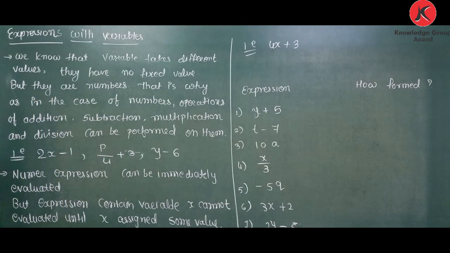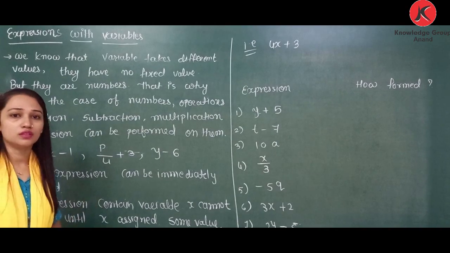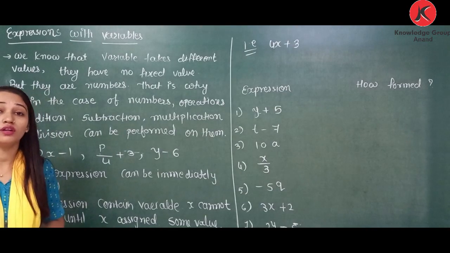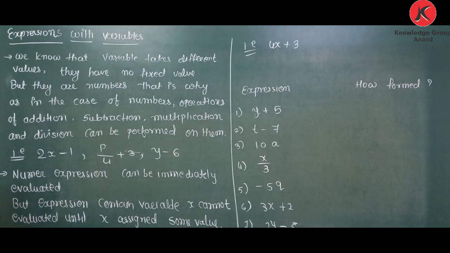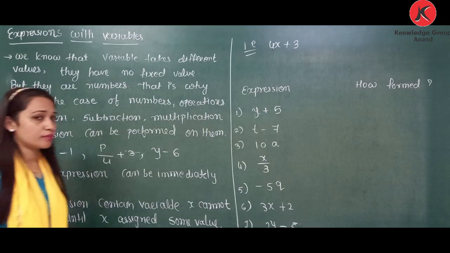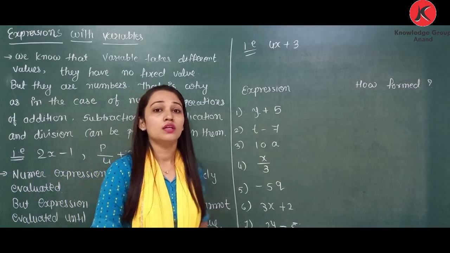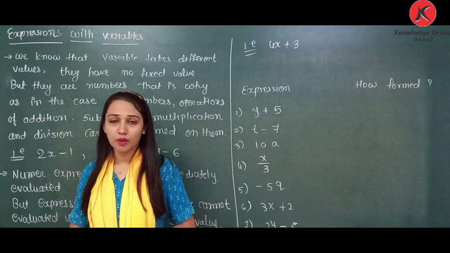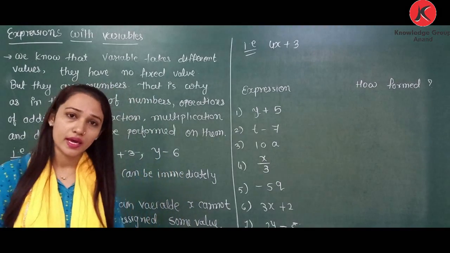We know that a variable takes different values. They have no fixed value. What is a variable? A variable is an alphabet which takes different values, whose value can change for different examples. That's why it does not have a fixed value. But they are numbers. For example, if we take the same example that we learned previously, the perimeter of a square is 4 multiply s.